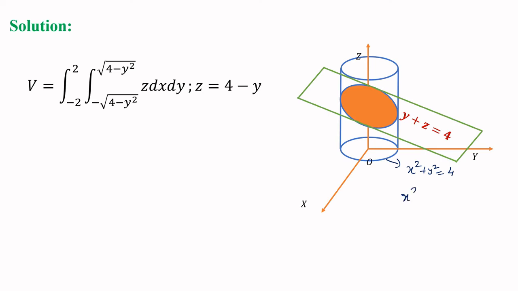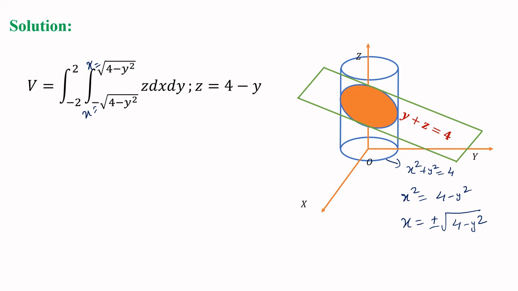So we can write here, x square is equal to 4 minus y square, so x is equal to plus minus square root of 4 minus y square that we have. So we have taken the limit in such a way. And for y, it is minus 2 to 2, it will move. If we take for one quadrant, that also can be done. So you are independent to put the limit accordingly.